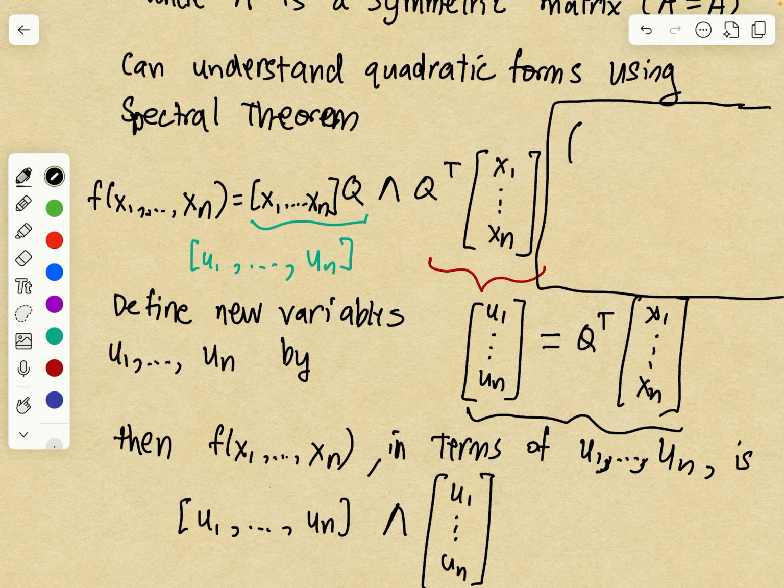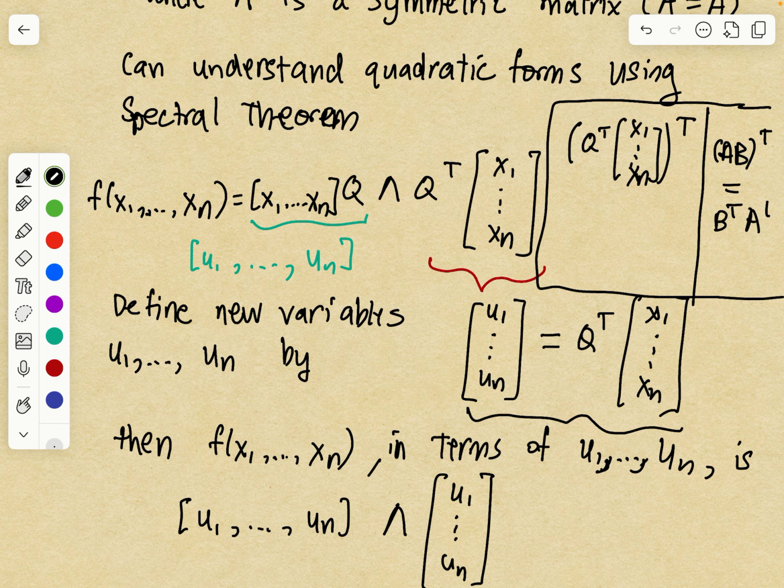If you do the transpose of Q transpose times x1 through xn as a column, there's this fact that if you do A times B and transpose that, that's the same as B transpose A transpose.